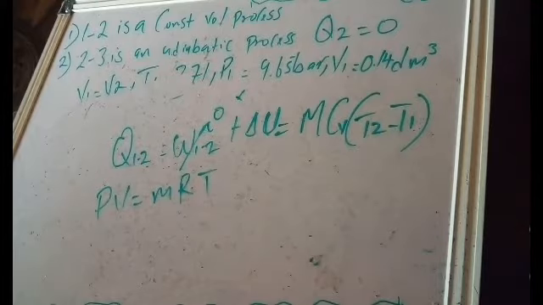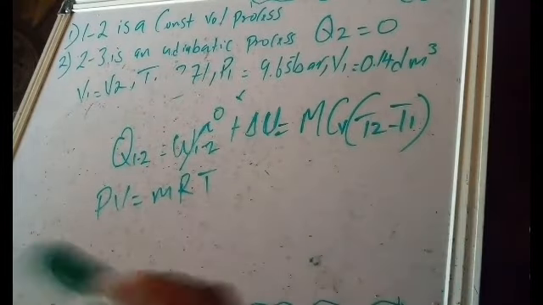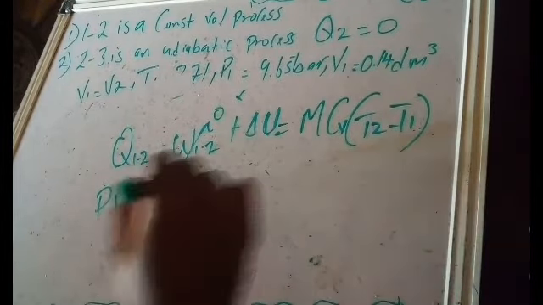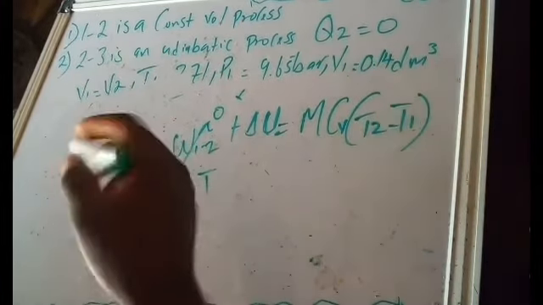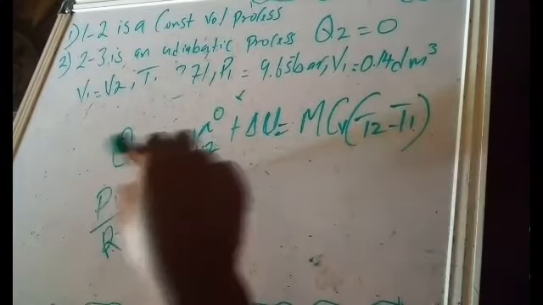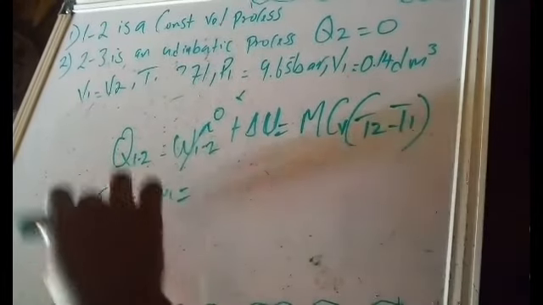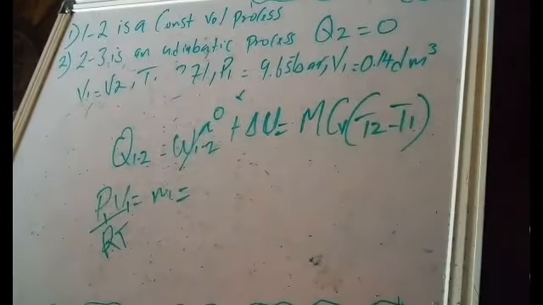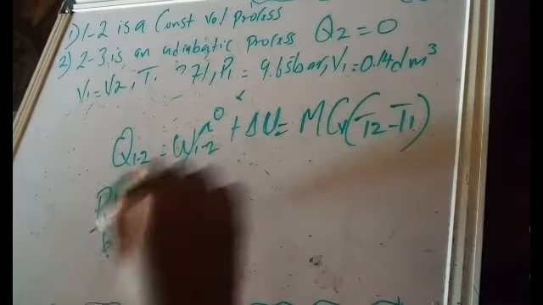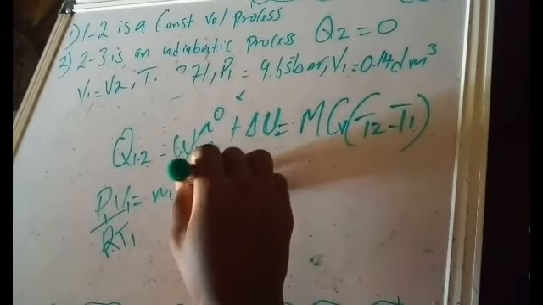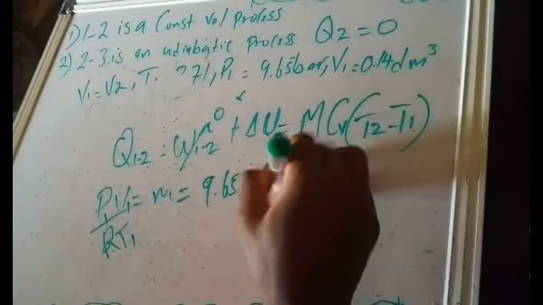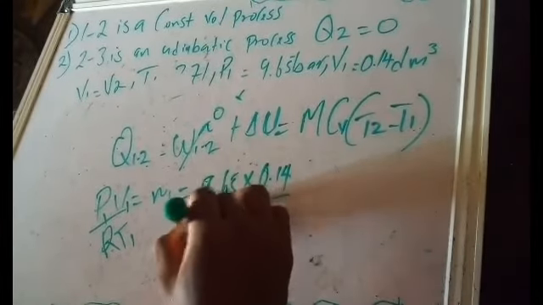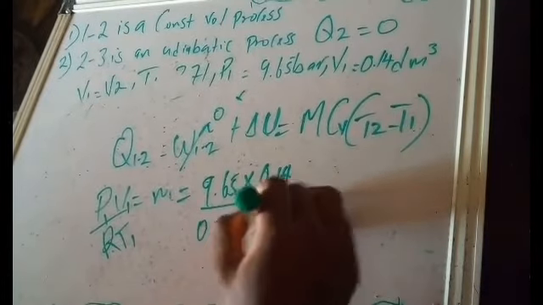So because we have PV equals mRT, now we want to get our m. You make m the subject, so the formula is PV over RT. Let us say this is P1, V1, T1. So now our m is 9.65 times V1, which is 0.14, over R times T, which is 0.287 times 644.